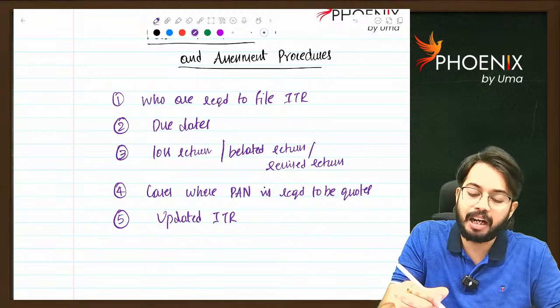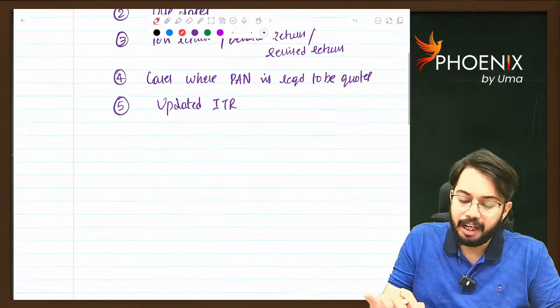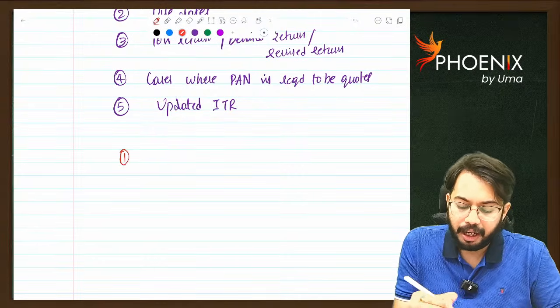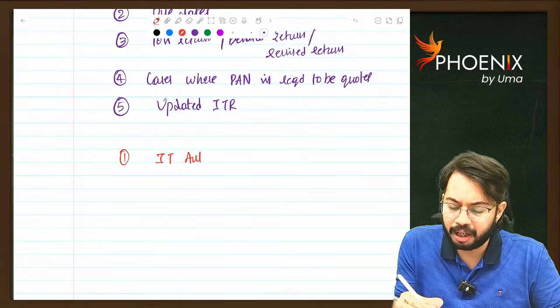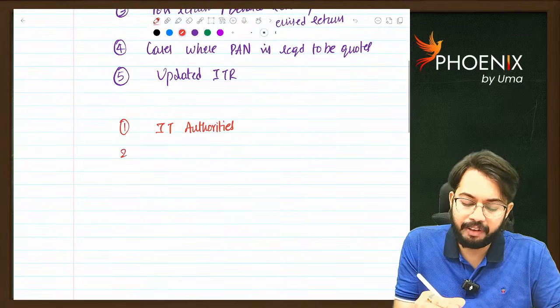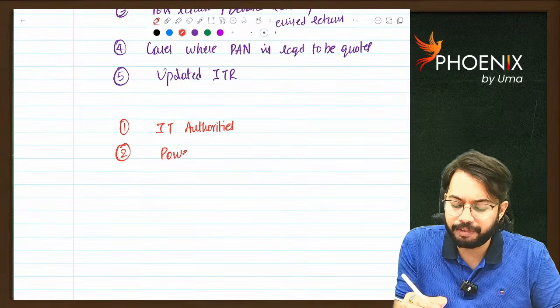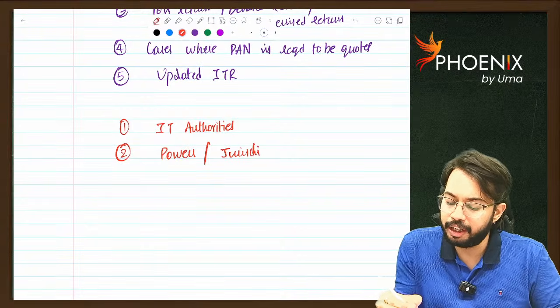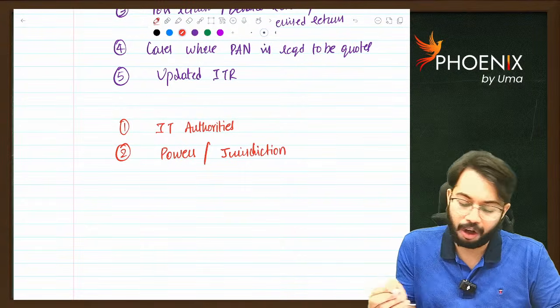Next, I will start with assessment procedures. In assessment procedures, I will explain to you first about income tax authorities. Who are income tax authorities? That I will revise. Then we will discuss what are the powers of income tax authorities. Then we will also discuss jurisdiction of income tax authorities.